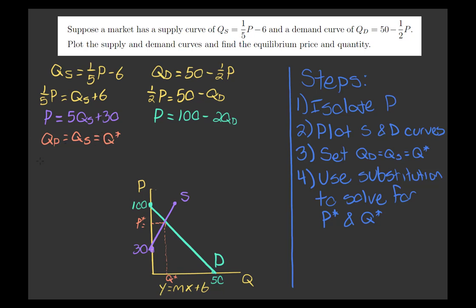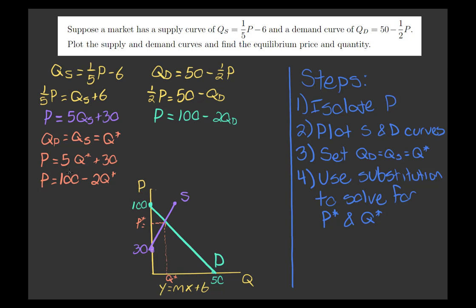So if we plug Q star into the supply equation, we end up getting that P is equal to 5Q star plus 30. And plugging Q star into the demand equation, we end up getting that P is equal to 100 minus 2Q star. So notice that we've got two equations and two unknowns.